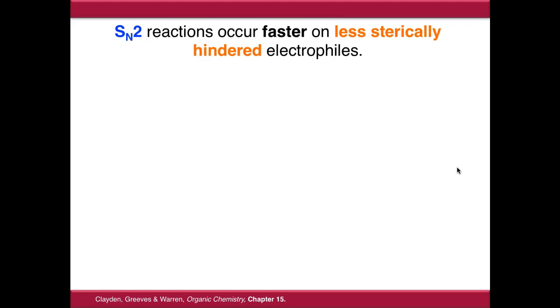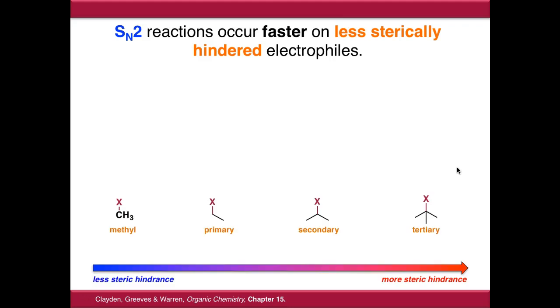So SN2 reactions occur faster on less sterically hindered electrophiles. So if we look at a range of electrophiles with a range of steric hindrance, we have methyl, primary, secondary and tertiary, with increasing steric hindrance as we go up that trend. Let's look at methyl first.